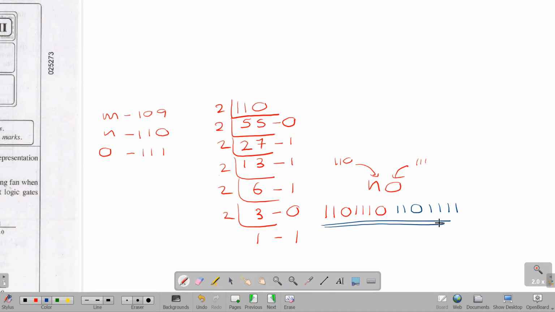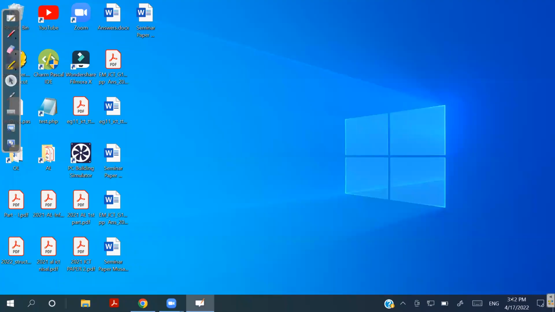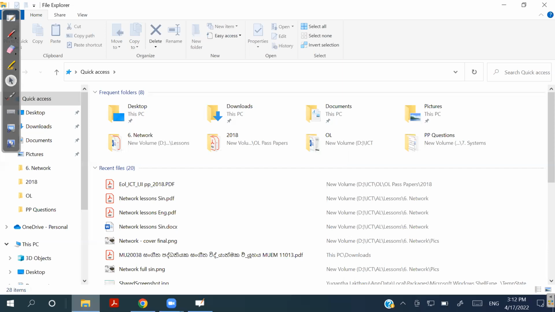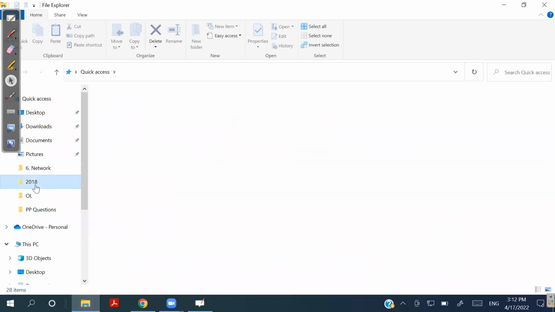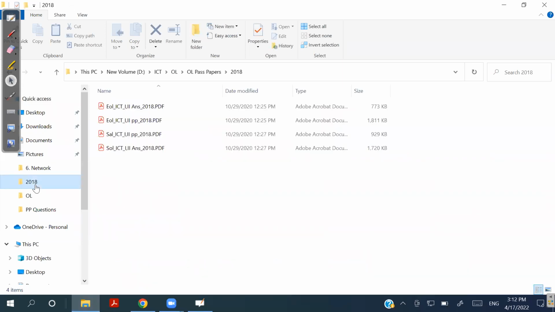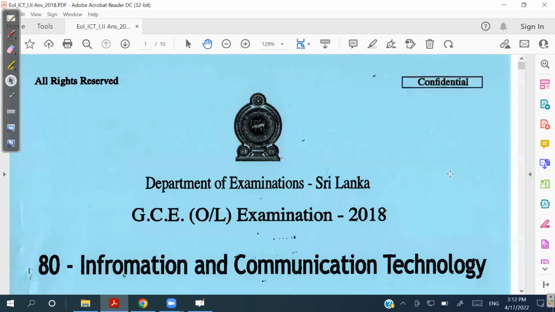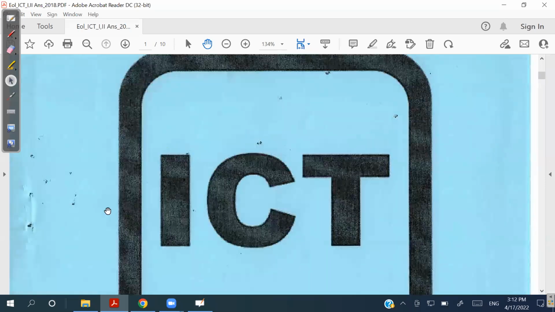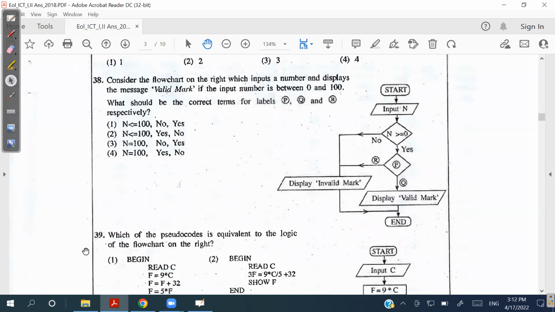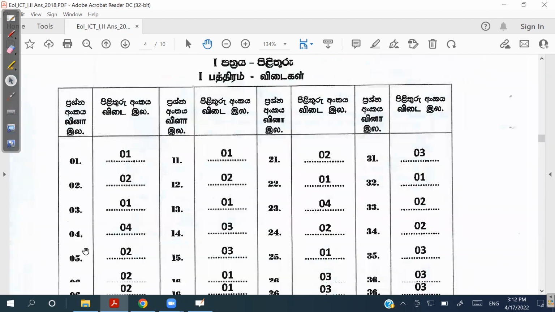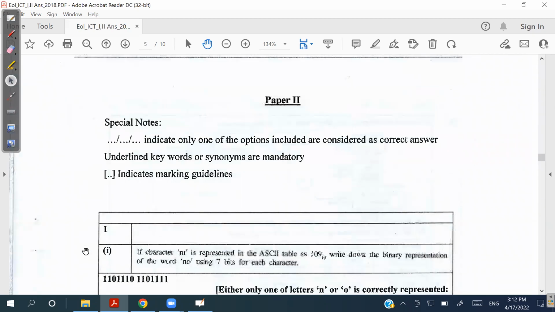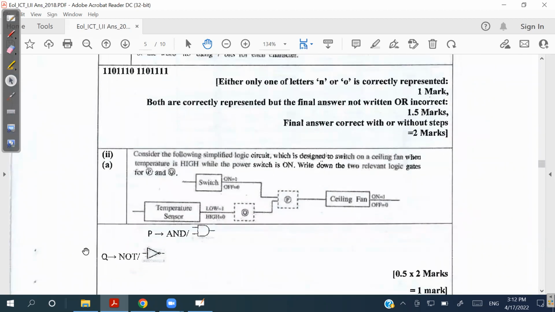Right, so check whether you got it. Let's confirm this with the marking scheme as well. All right, there you go.